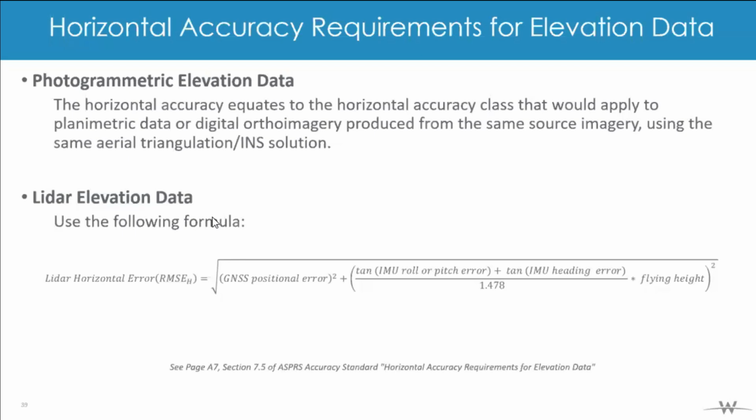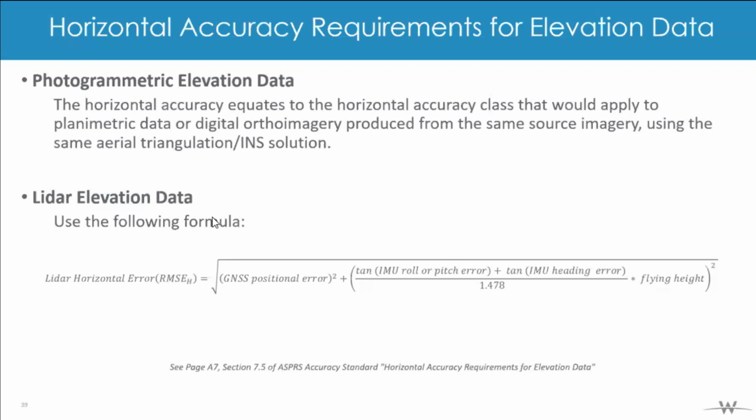It's a very simple approach because they both are produced from the same aerial triangulation. For LiDAR elevation data, we introduce a new formula, which is a function of the accuracy of the GNSS, the accuracy of the IMU roll and pitch, separated from the accuracy of the heading, and the flying altitude.